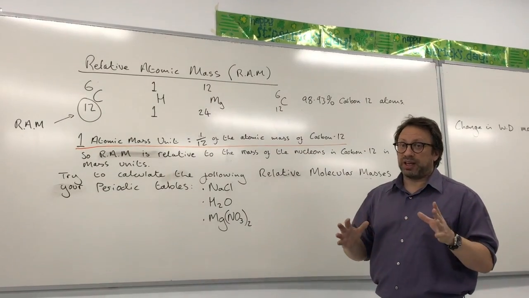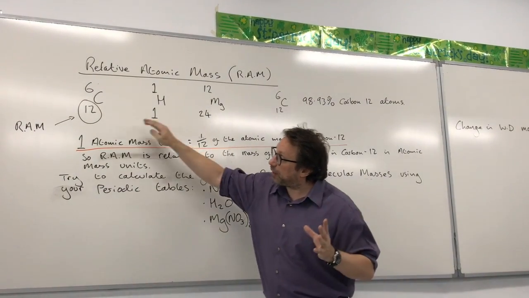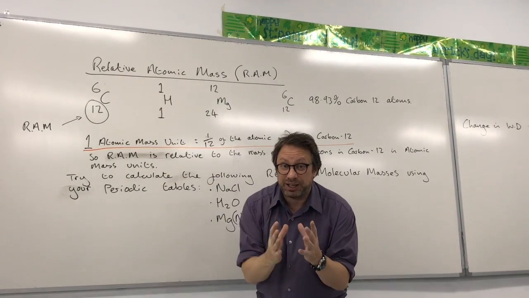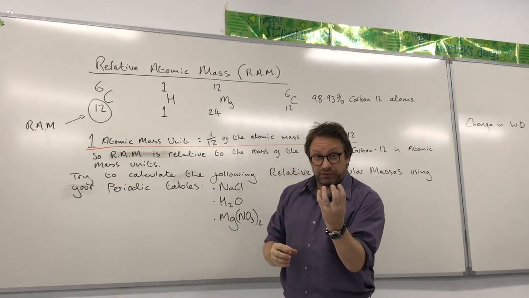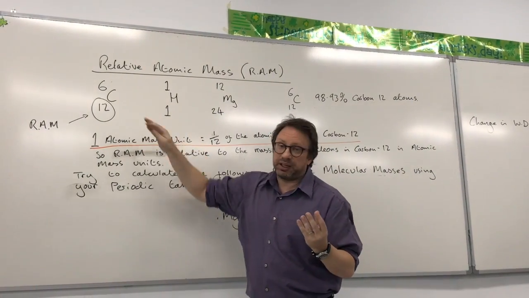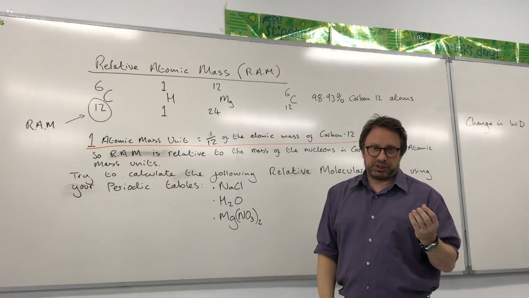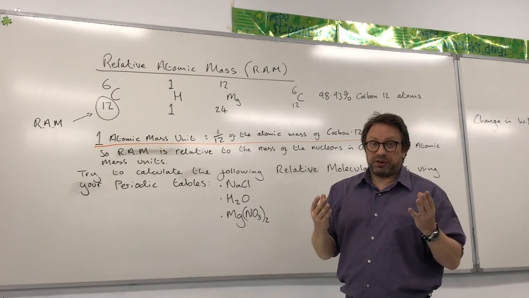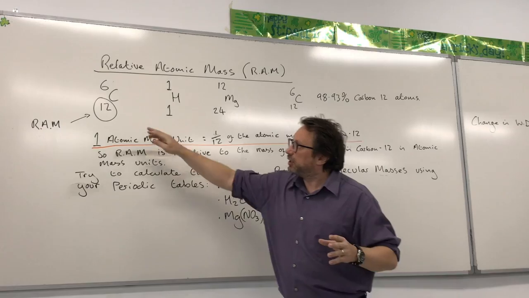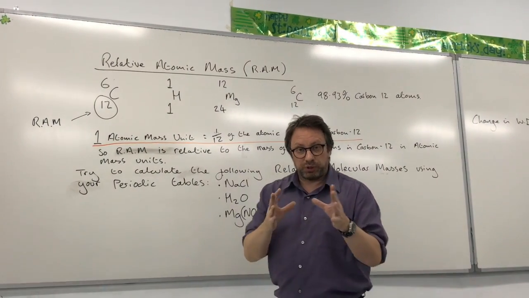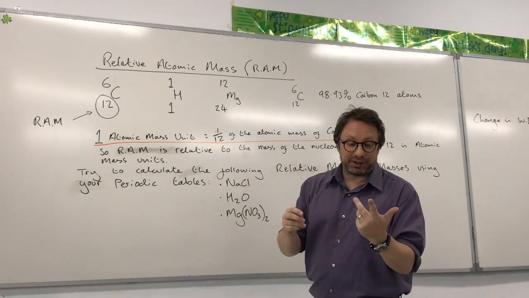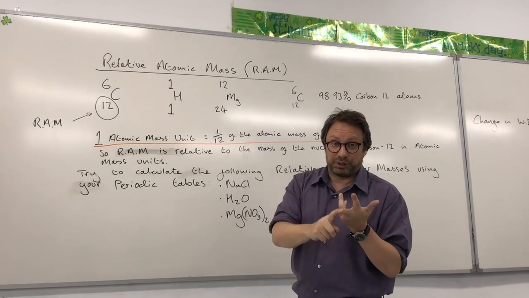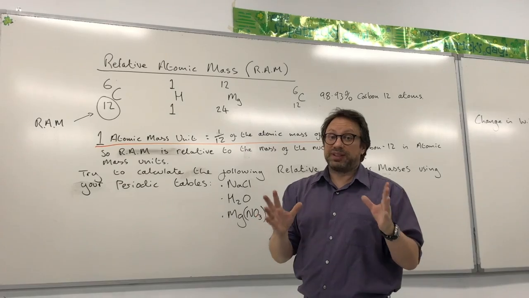But even more than that, this is not the actual mass of an atom. If you were calculating the mass of an individual atom, you would find it in those kilogram units. There's other units as well that we use. But if you wanted to know the exact mass, it would be slightly different. And what you would do for that is add up the mass of the number of electrons and the number of neutrons and the number of protons. But there's an issue there.